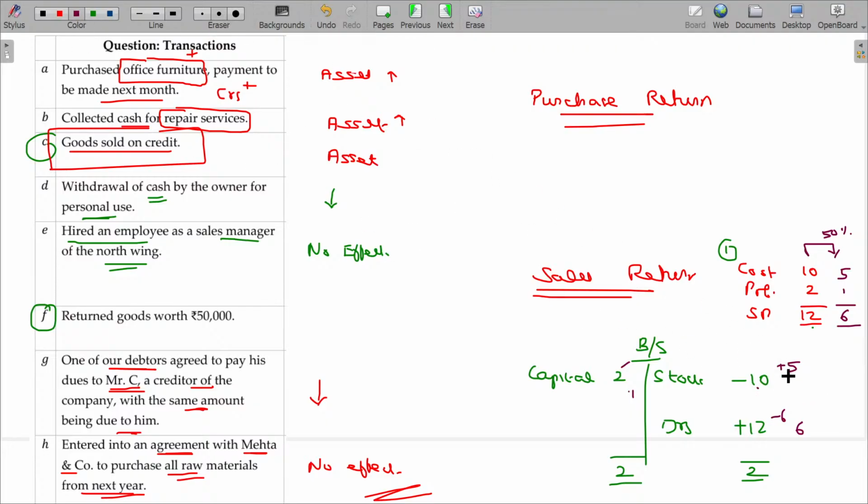Stock balance minus 10 plus 5 becomes minus 5. Debtors plus 12 minus 6 becomes plus 6. Ultimately, it's 1. Earlier it was 2 rupees. After a subtraction of 1, now the balance is 1. Your overall asset balance is decreasing from 2 to 1. Before the sales return, the balance is 2 rupees. After the sales return, the balance is only 1. Is that okay? Clear?